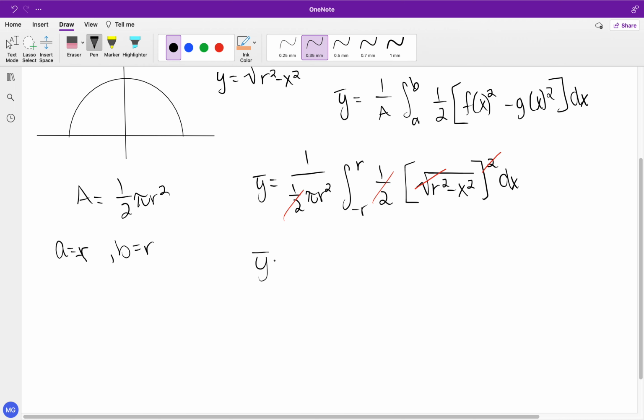So we have that y bar is equal to 1 over pi r squared, integral negative r to r of r squared minus x squared dx.